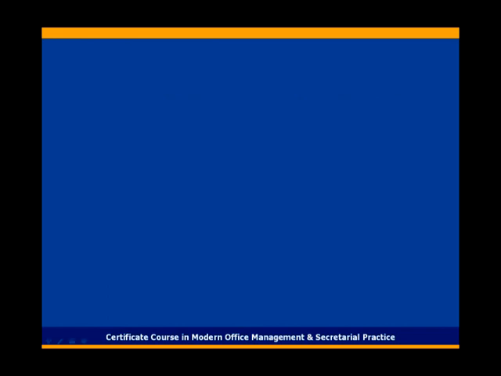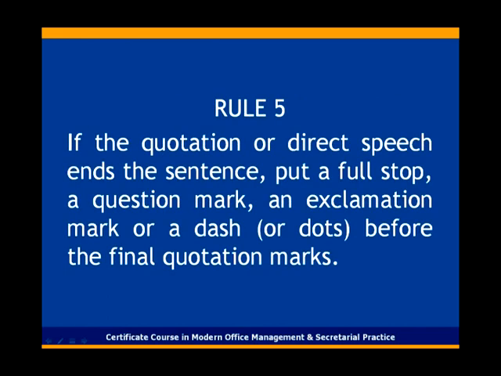Rule 5. If the quotation or direct speech ends the sentence, put a full stop, a question mark, an exclamation mark, or a dash or dots before the final quotation marks.